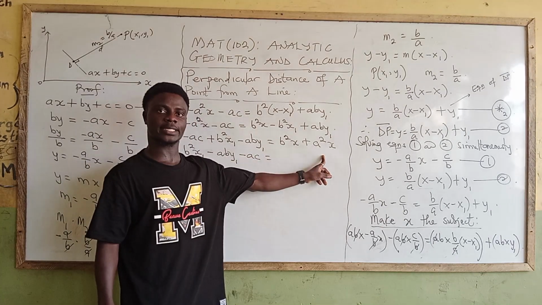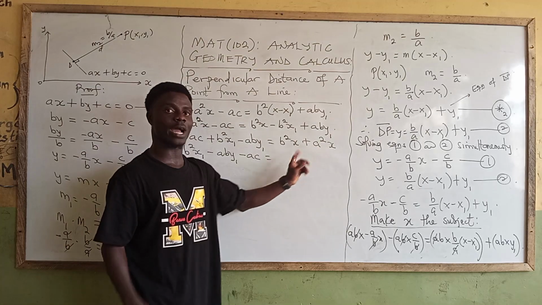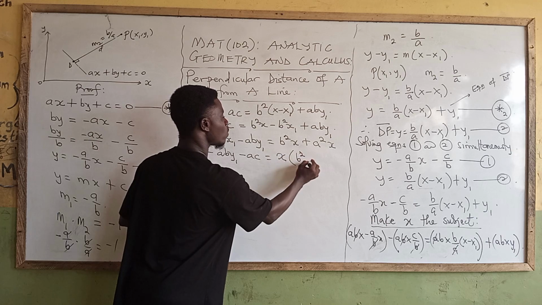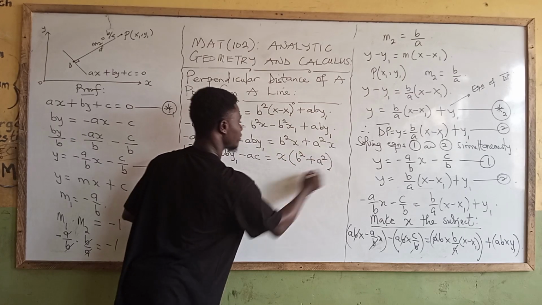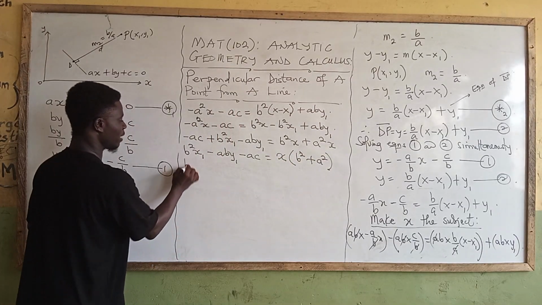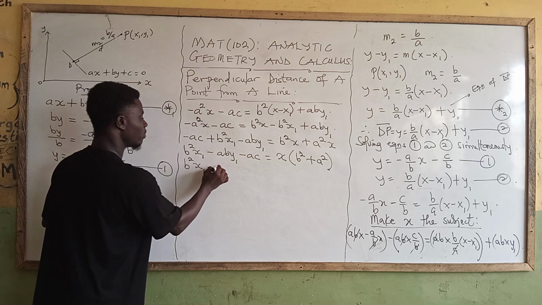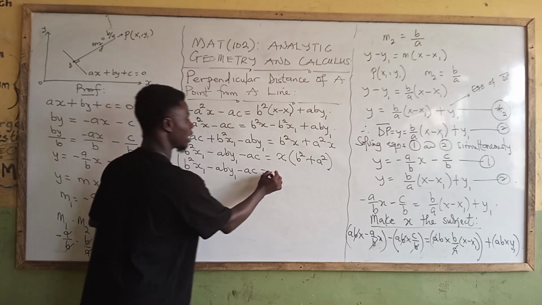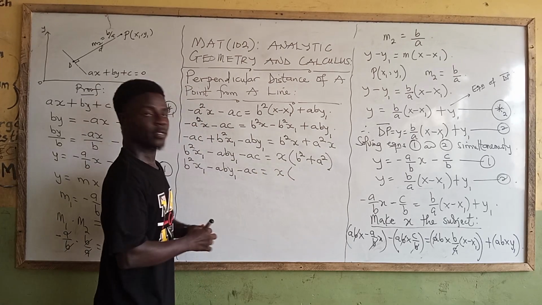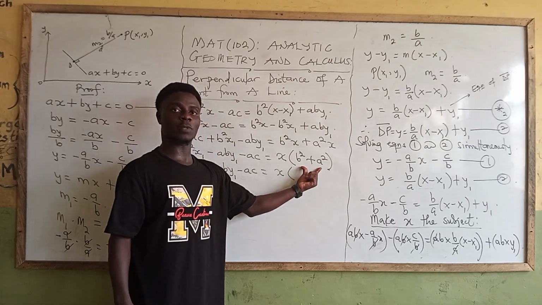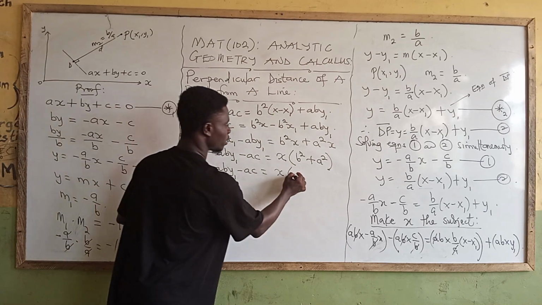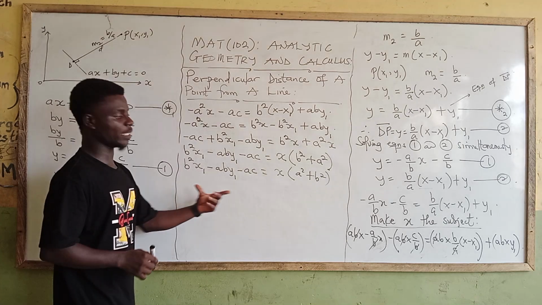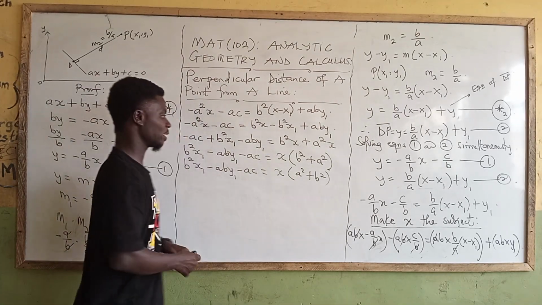Now we want x as the subject, so we can factorize x out, leaving a squared plus b squared.